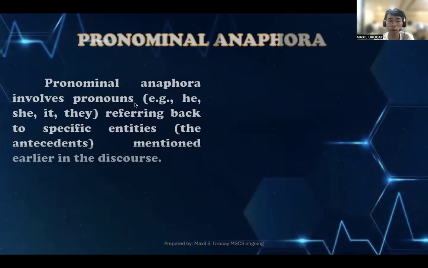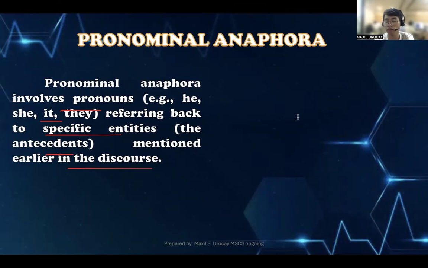When we say pronominal anaphora, that involves pronouns like he, she, it, and they, referring back to specific entities, the antecedents that were mentioned earlier in the discourse. So we use pronouns to refer back to our previously mentioned noun or specific entity.